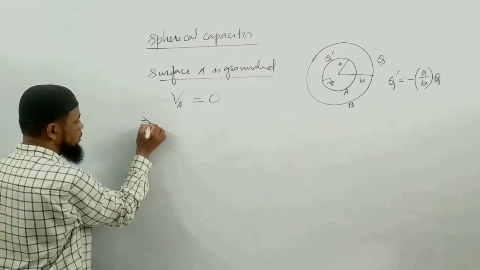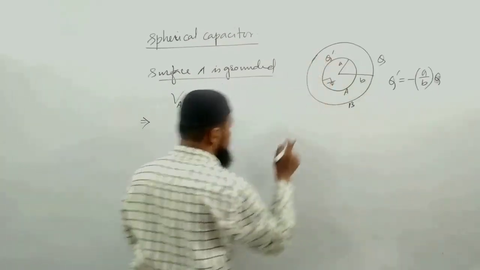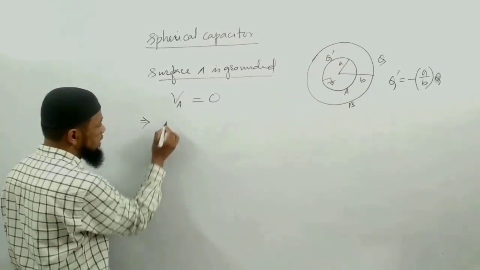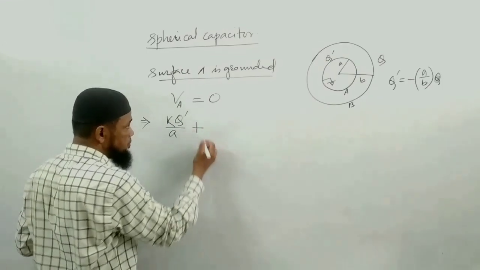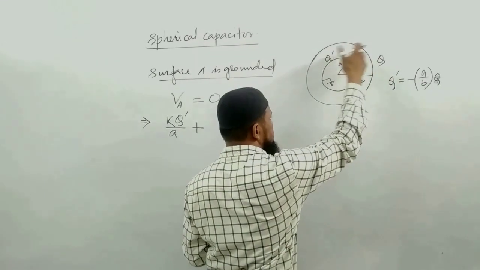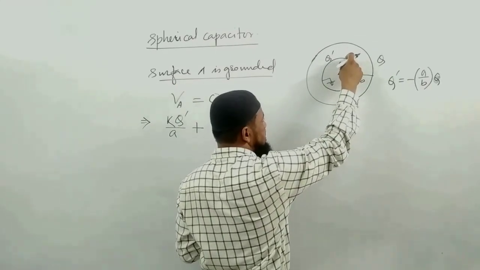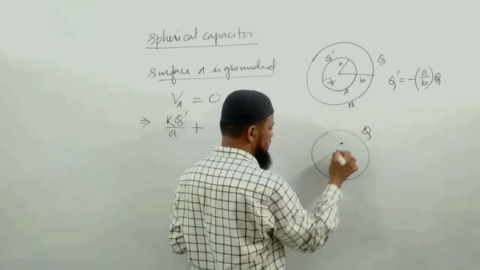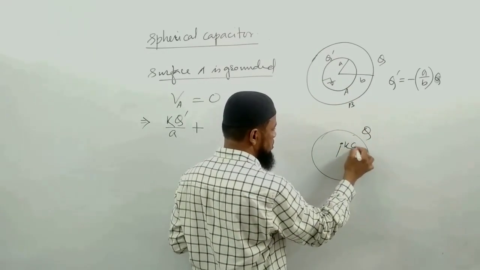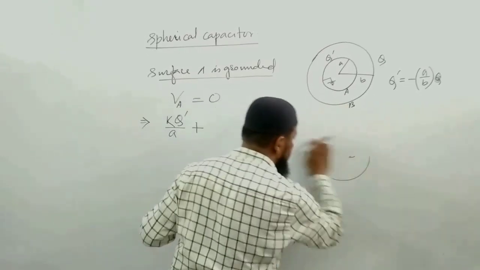At A, there will be one potential because of its own induced charge, which is kQ dash by A. The other potential will be because of the outer charge. Because of the outer charge, the potential inside is the same as on its surface, kQ by B.